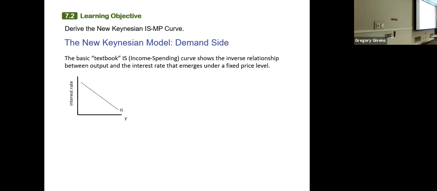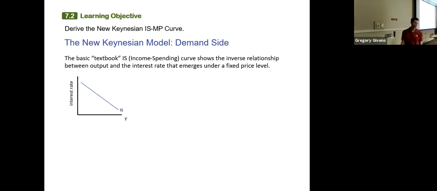This is basically what it looks like. It argues that the IS relationship is a downward sloping relationship between the economy's level of real output and the interest rate that would emerge under a fixed price level.